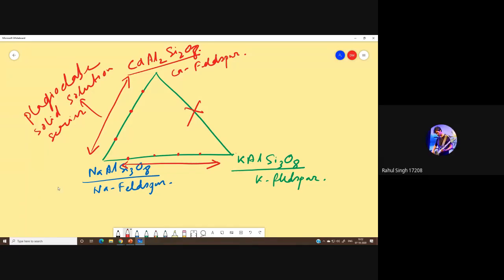There is a solid solution series between calcium and sodium, and there is a solid solution series between sodium and potassium. Yeah, I know that. But the plagioclase solution series should be at bottom then, right? No, plagioclase is calcium and sodium. Come on. I don't remember that part, that's why I'm asking you.